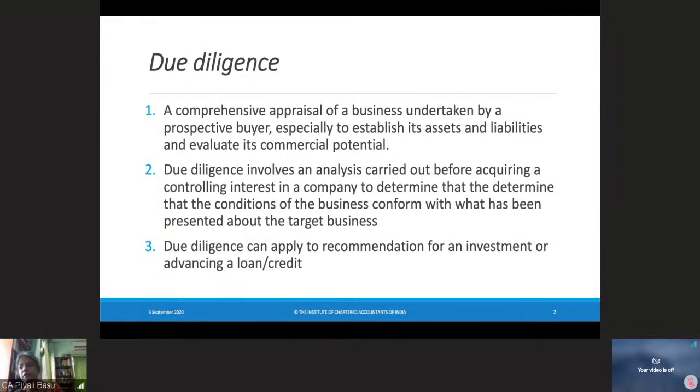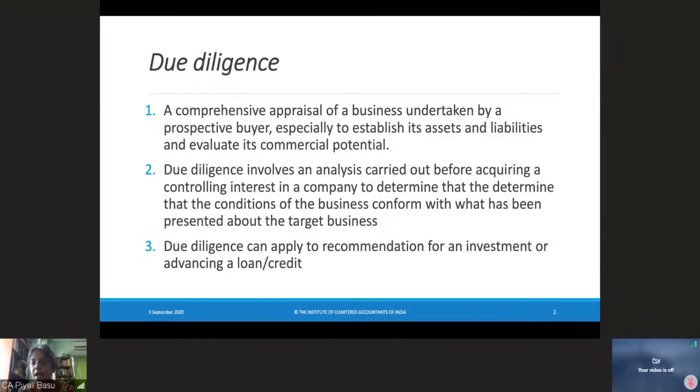When we move to investigation, you will see how it is different from due diligence. But it's a fact finding.